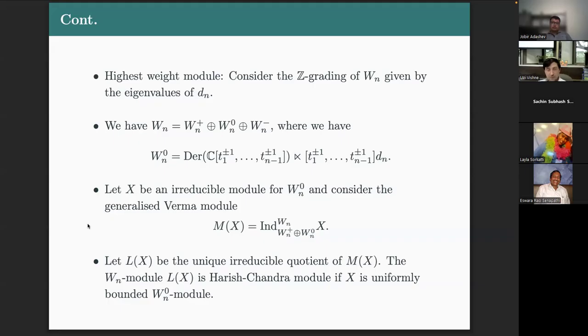It is a very important thing that one should realize that it is induced from the uniformly bounded module. So it's a crucial fact here.